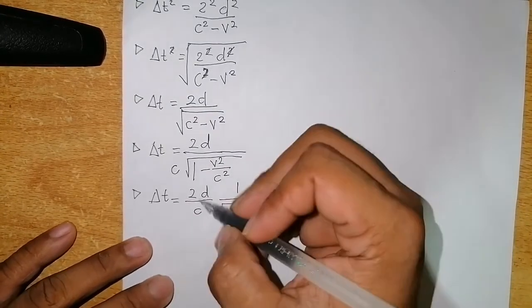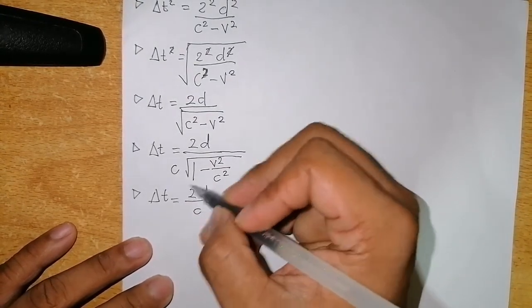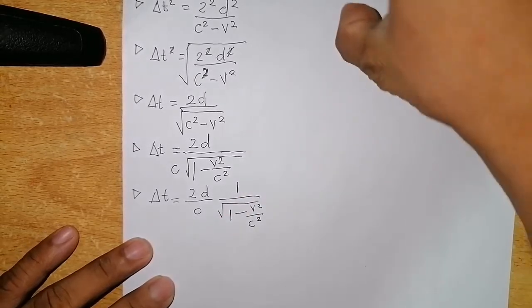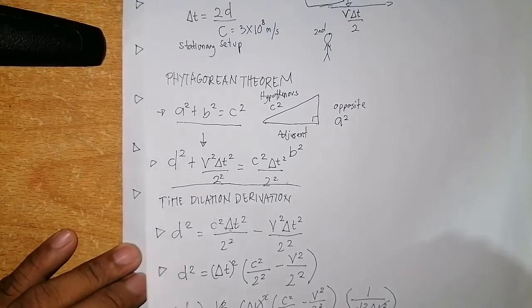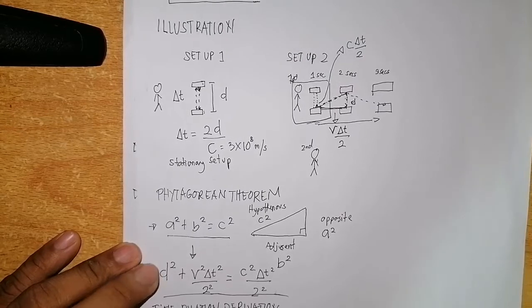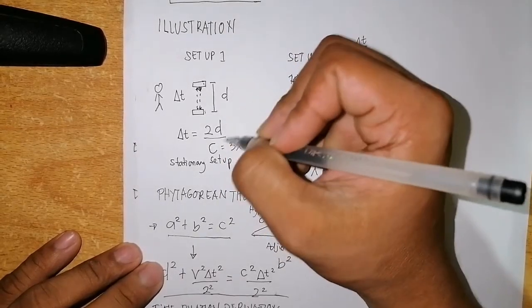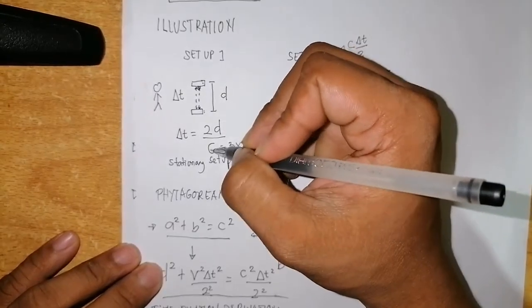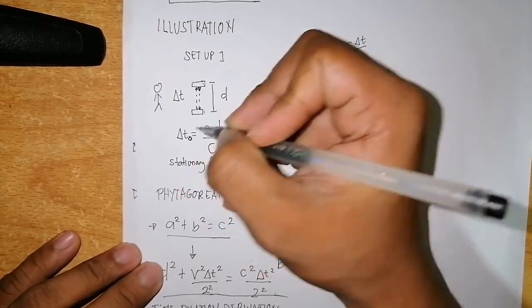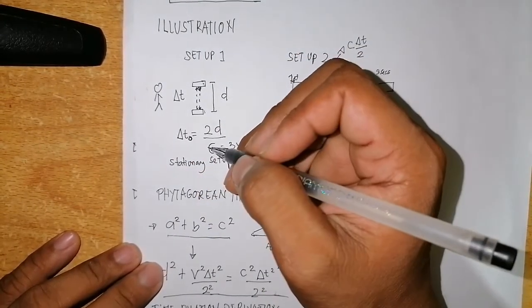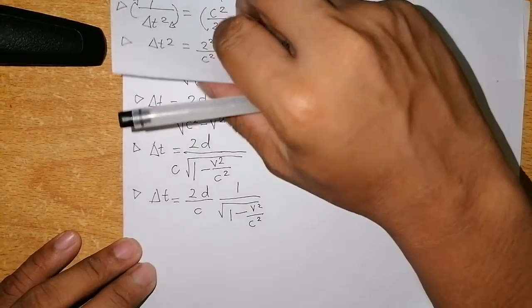So if you remember this equation, it is this one. This is it, 2d over c. So this is the stationary time that's being given here.